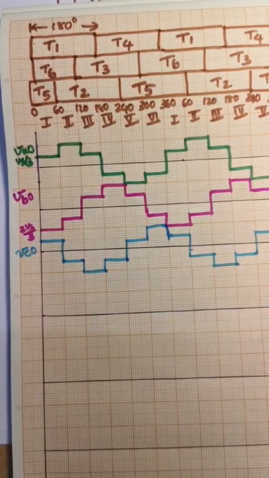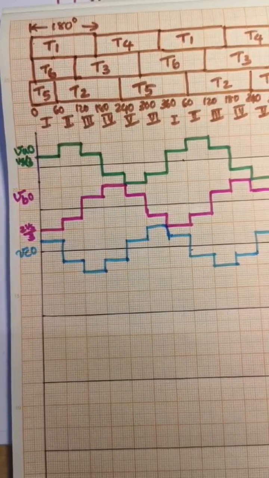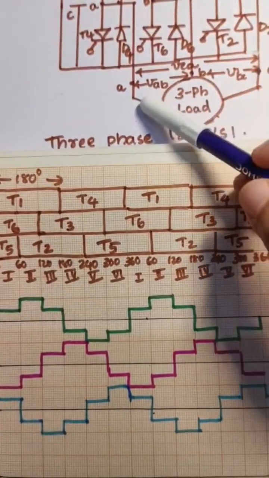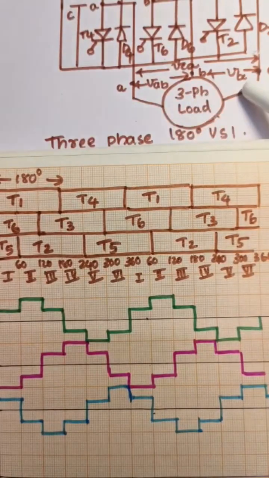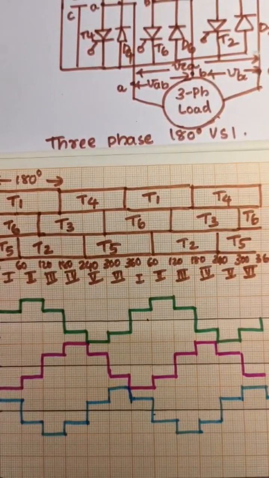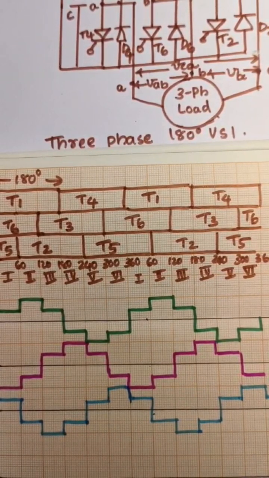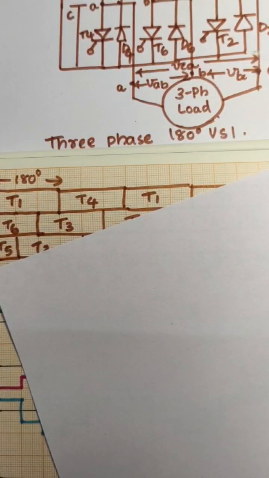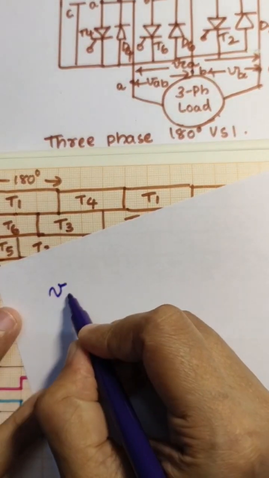Next we need to draw the line to line voltages. What are the line to line voltages we indicated in the diagram? VAB, VBC and VCA. These are the line to line voltages. To find the line to line voltages, first we need to know the equation. That is, what is the value of VAB?